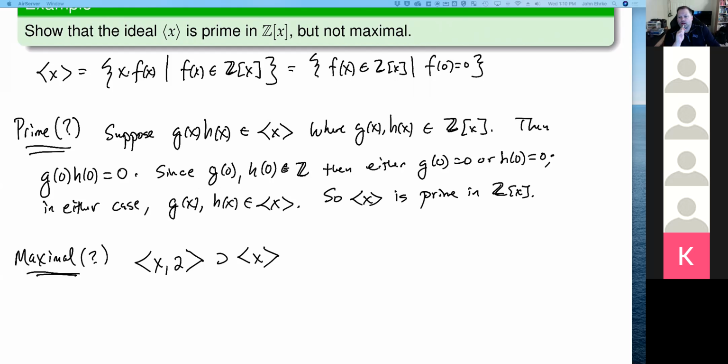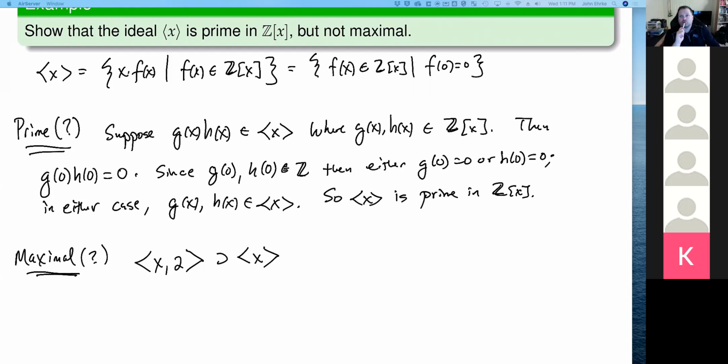So Wyatt's question is, could we also prove something is prime by taking arbitrary elements from Z[x] that both aren't in X and showing that the product isn't in X? Let me think about that.